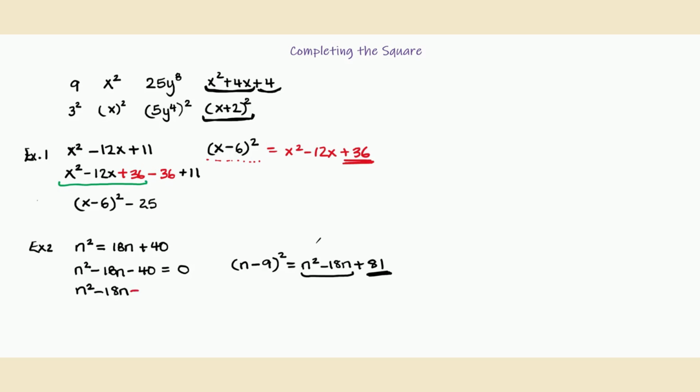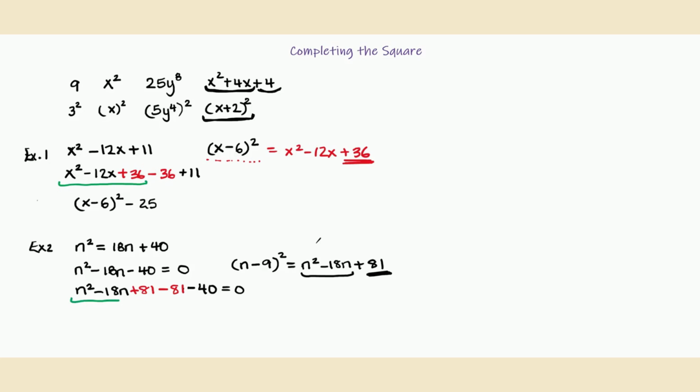To complete the square, we add 81, but remember, we immediately have to subtract 81 and then bring down the negative 40 we had before, and now this is equal to 0. So we cannot just add in the 81, we have to also subtract it so that we're only adding 0, thus not changing the equation.